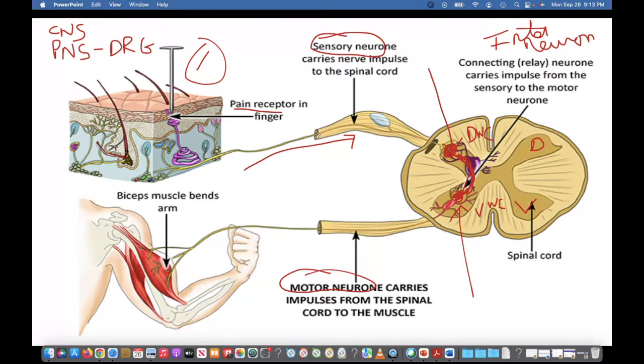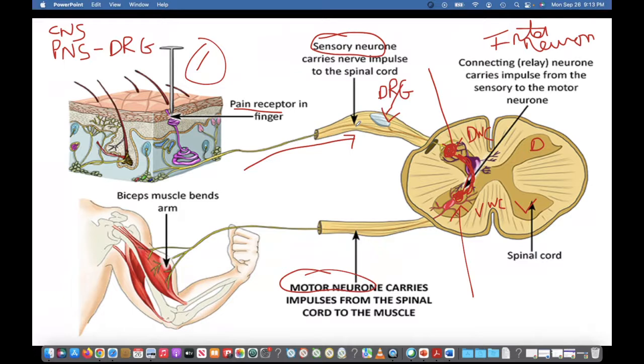Well, right here, this sensory neuron comes in the dorsal horn, so it's in the posterior, and this right here, that's the DRG, the dorsal root ganglia, right there. Sensory information comes right in.